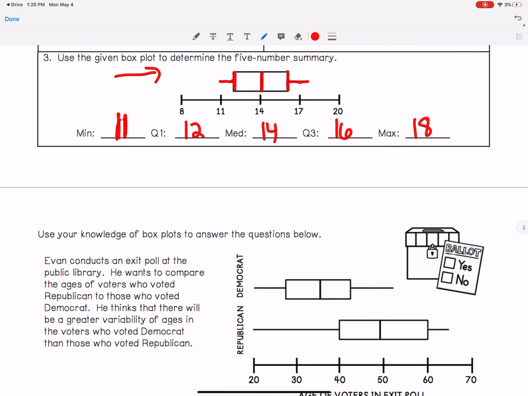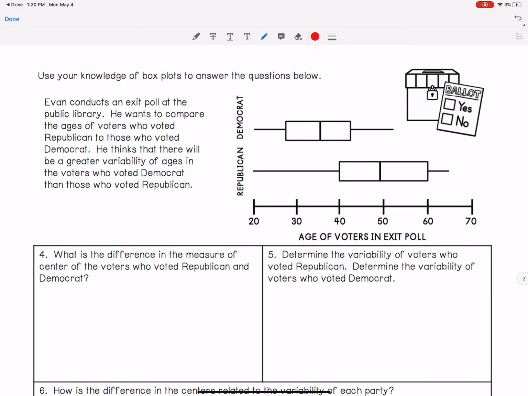Okay, next question. This one says, use your knowledge of box plots to answer the questions below. So we see 2 box plots and then this paragraph. Evan conducts an exit poll at the public library, and he wants to compare the ages of voters who voted Republican to those who voted Democrat. He thinks that there will be a greater variability of ages.